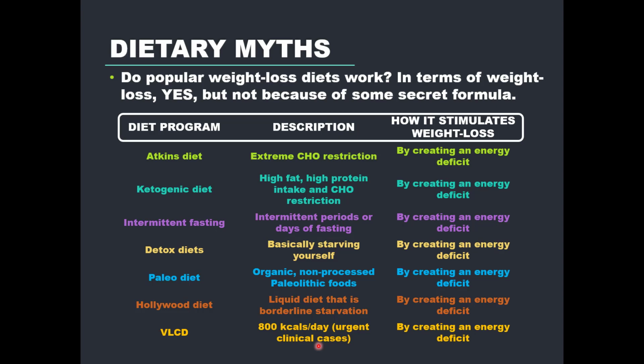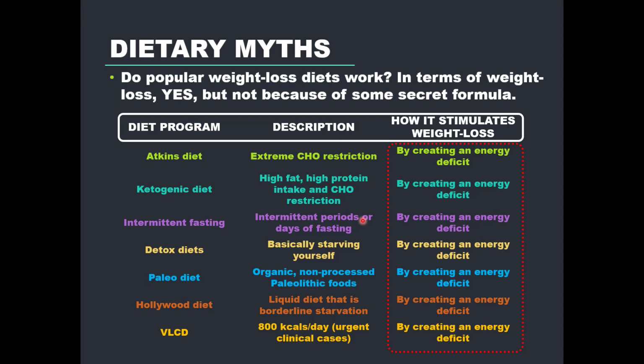So how do each of these diet systems stimulate weight loss? Not because of a magical effect or secret formula, but rather by creating an energy or caloric deficit. This is why in the scientific community, we never say that any caloric restrictive diet is inherently superior than another. The prerequisite to any diet that is intended to stimulate weight loss is a caloric deficit.